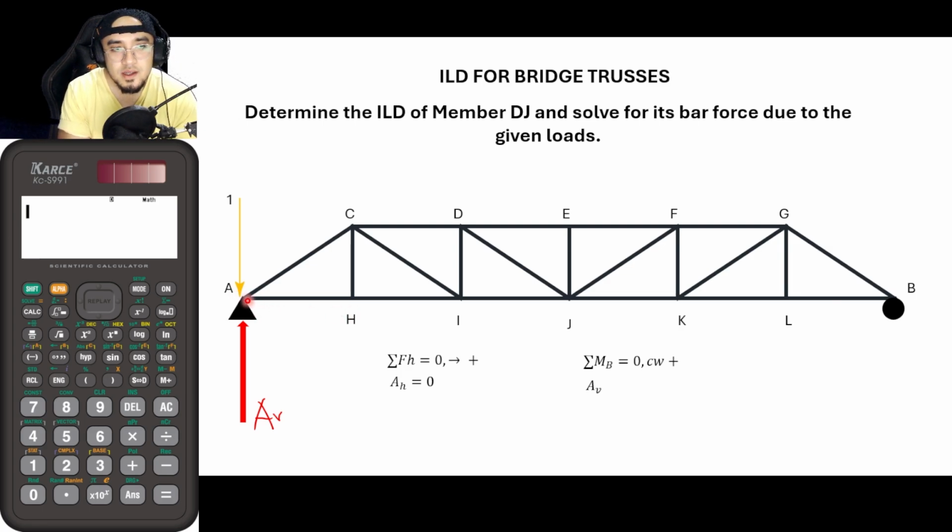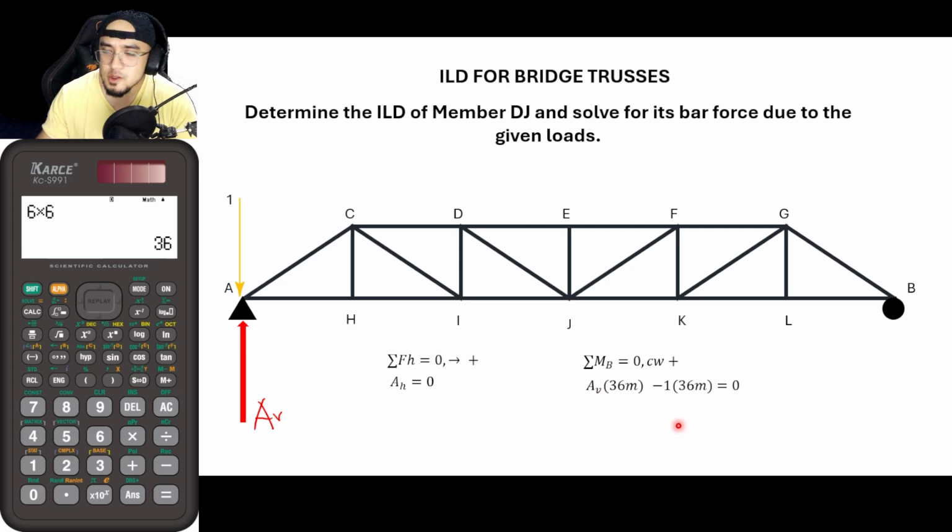So for that distance, since we have here 6 meters for every span and we have 6 spans, so that is basically 6 times 6 and that is 36. Okay. So 36 and then what else? Minus 1, this force here, times the lever arm of also 36. So this is now equal to 0.